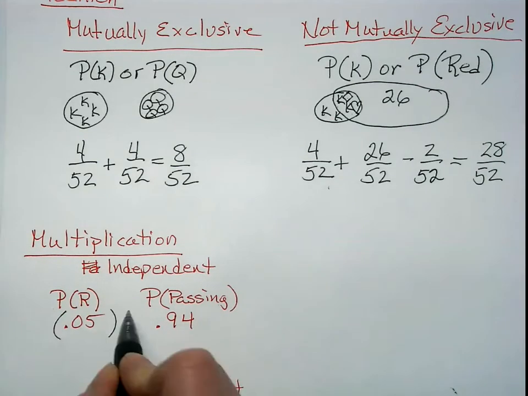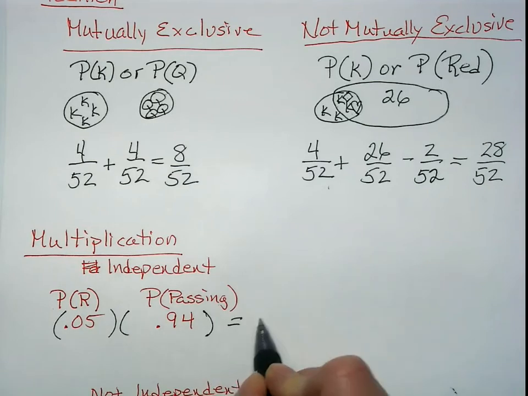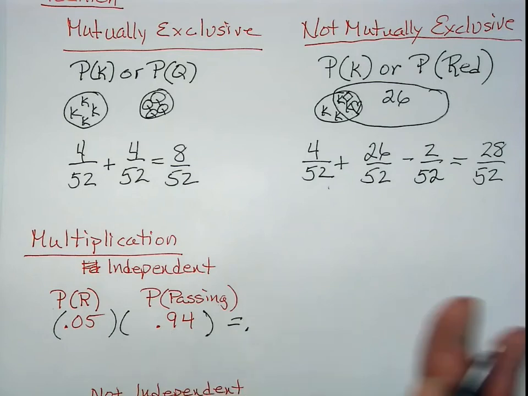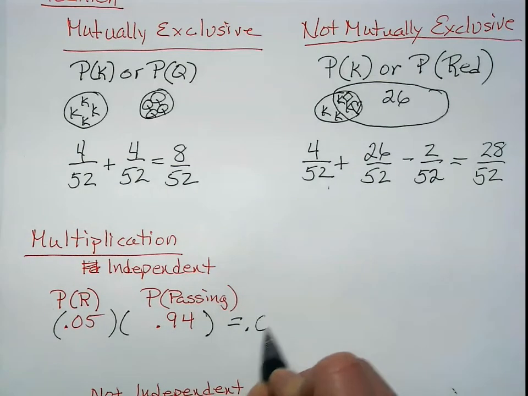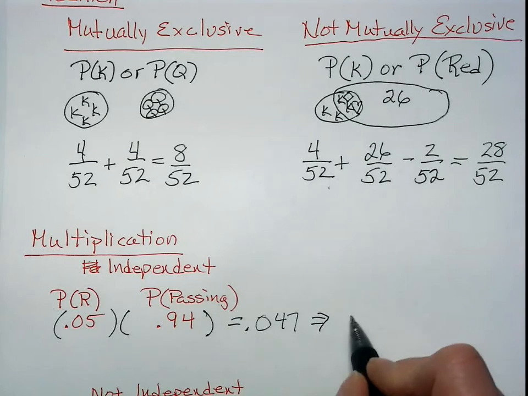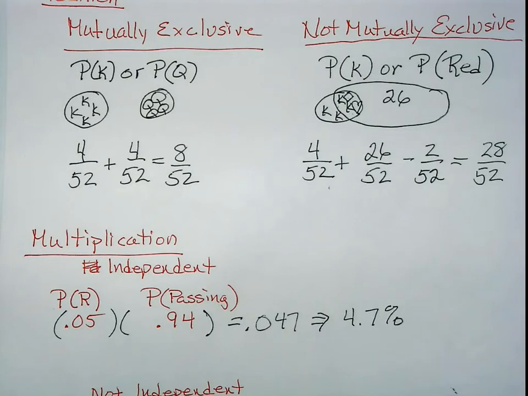You multiply these. And if you multiply 0.05 times 0.94, you always put it in decimal form, you get 0.047. Changing that into a percent is a 4.7% chance of my randomly selecting someone who is driving a red car and is going to pass statistics. Independent.